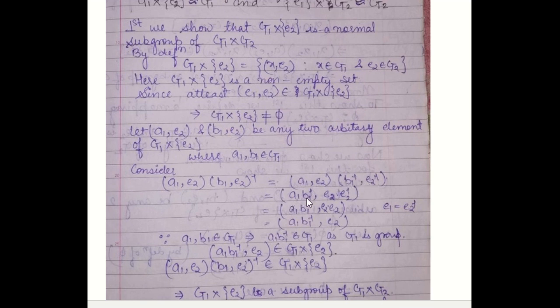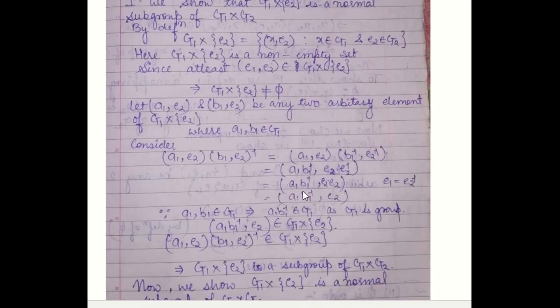So now we multiply to get a1 b1 inverse comma e2 e2 inverse. So now e2 e2 inverse is e2. So what will we get? a1 b1 inverse comma e2. This is the value of this alpha beta inverse. And we can easily see that it belongs to the group.